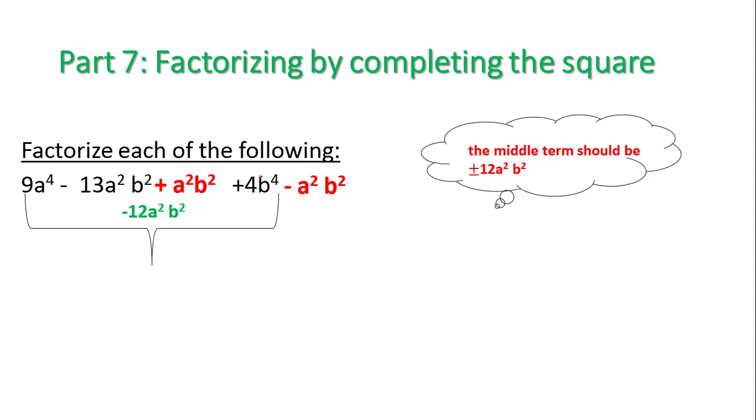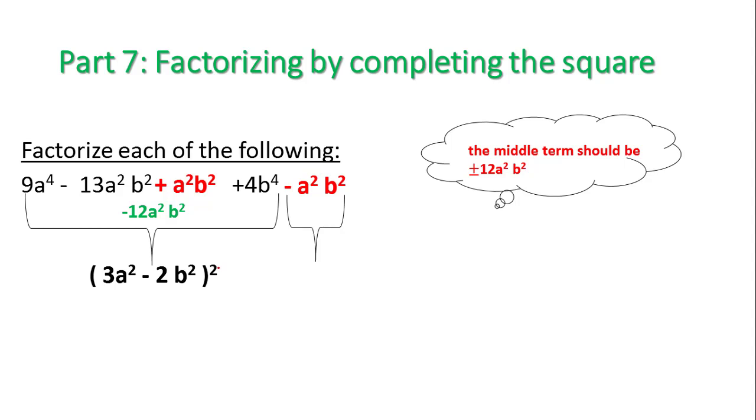This perfect square trinomial I can factorize by taking the square root of the first, the sign of the middle, the square root of the third, then all power 2. So this term will be 3a power 2, the sign of the middle minus, 2b power 2, then all power 2.